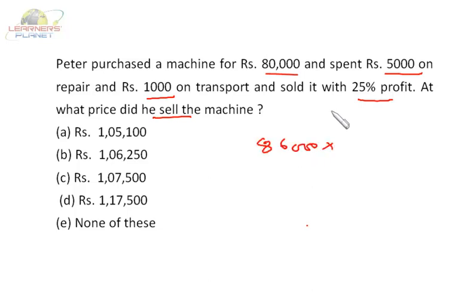Now he's selling it for 25% profit. That means he's selling it for 125% of the cost price. Now what is 125%? It's 5 by 4. Okay. You just have to calculate this expression. The calculation is very simple. You can do it even mentally and you'll be getting the answer as 1,07,500. I hope you are clear.